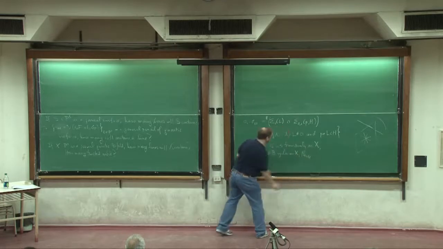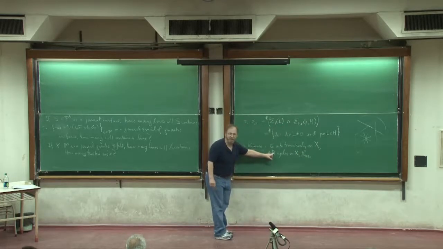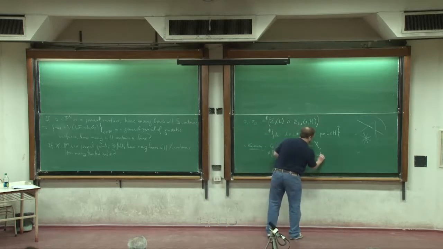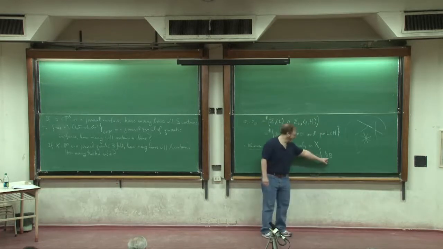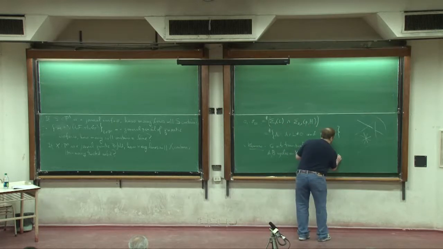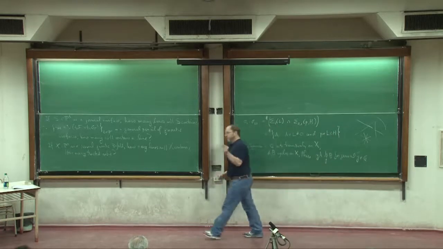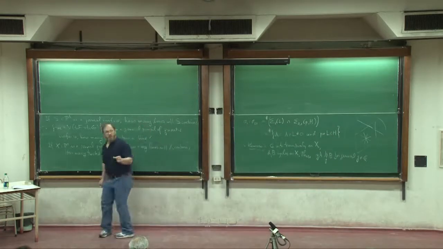then a general translate of one will intersect the other generically transversely. Then gA will intersect B generically transversely. Again, I'm in the market for an alternative notation for this, for a general g. So a general translate of one cycle will meet another given cycle transversely.